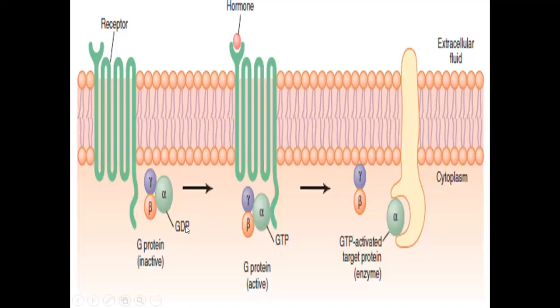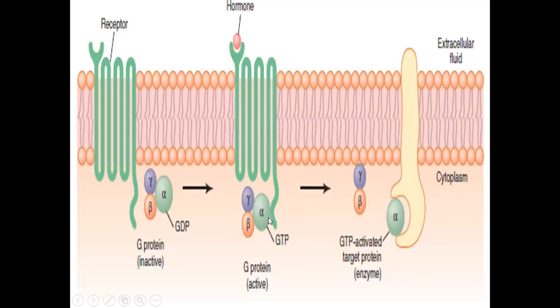So once the hormone is bound, the receptor undergoes configurational changes, and the GDP is exchanged with a GTP molecule in the alpha subunit.